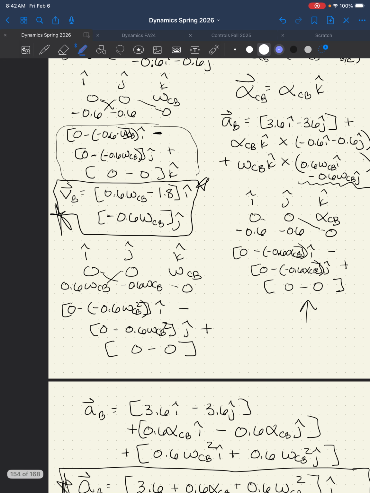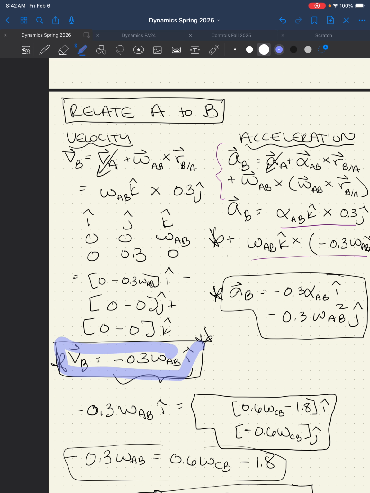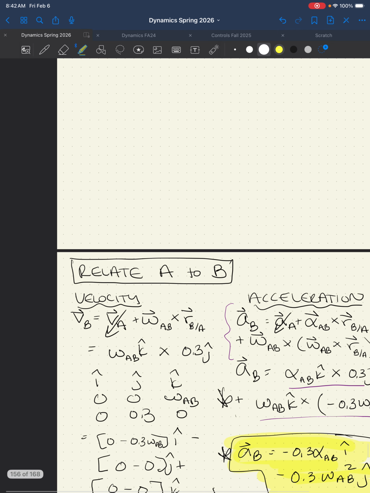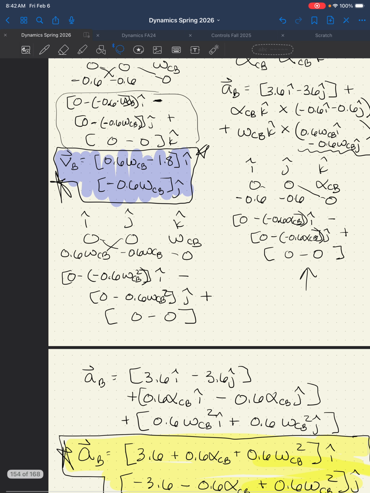So I'm going to go back up and set this V_B equation equal to this V_B equation, and then separately set this acceleration of B equation equal to this acceleration of B equation. And then we'll see if we have enough to solve our problem. Okay, so I'm going to copy and paste all of this information to a new slide just to try to make it clean.